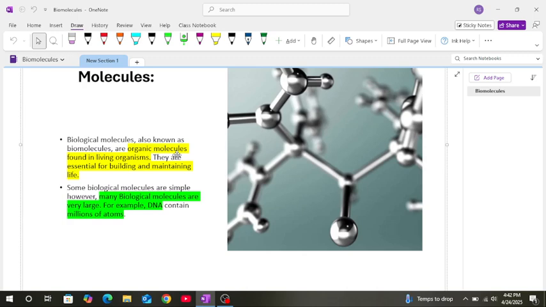Any living organism exhibits organic molecules which are essential for the maintenance of life. Some of the molecules present in the body are DNA, as we have mentioned before, or RNA, or proteins as well.